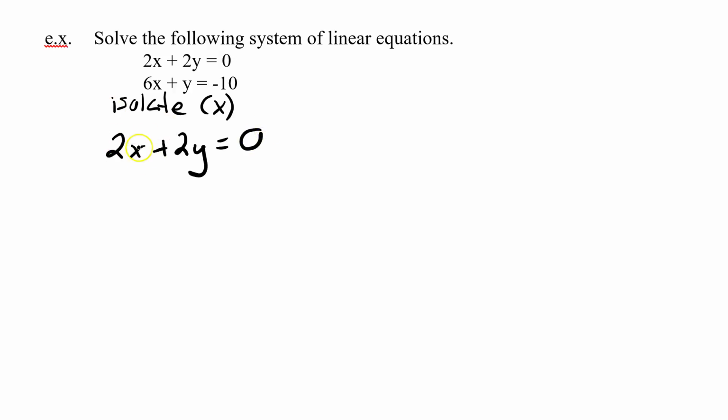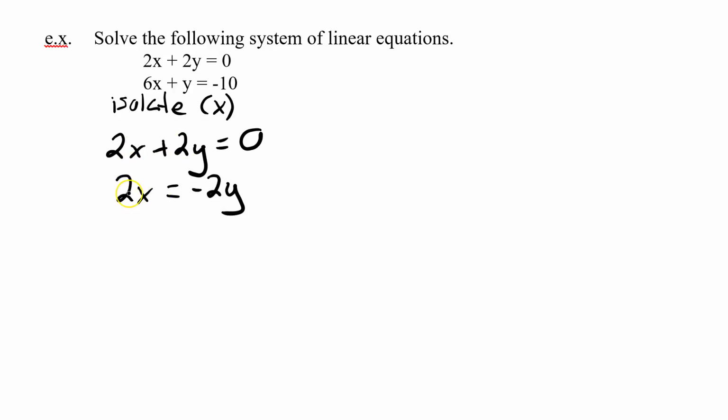I'm going to isolate the x, which means get the x all by itself on one side of the equal sign. The first thing I do is pull this y over to the other side. That leaves me with 2x equals, when this switches sides, it turns negative y. Now I still don't have x by itself, I've got 2x.